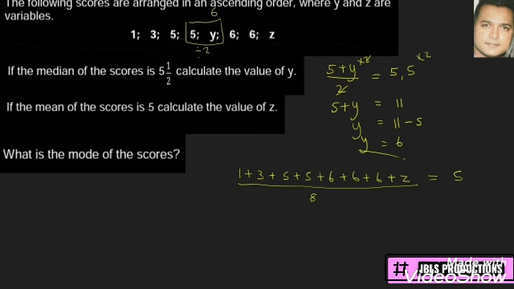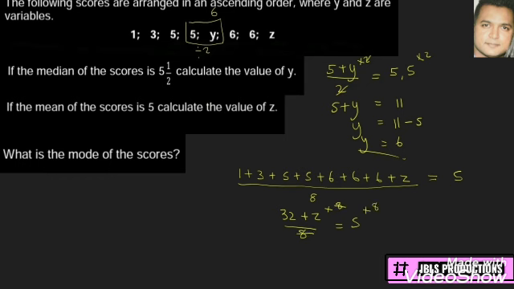So all we need to do now is work out Z. Adding all those numbers, we have 32 plus Z divided by 8 is equal to 5. And so what we will do is multiply both sides by 8. The 8s will cancel off on the left side.